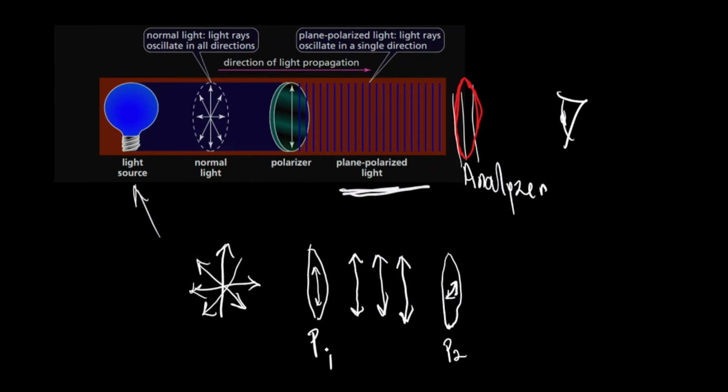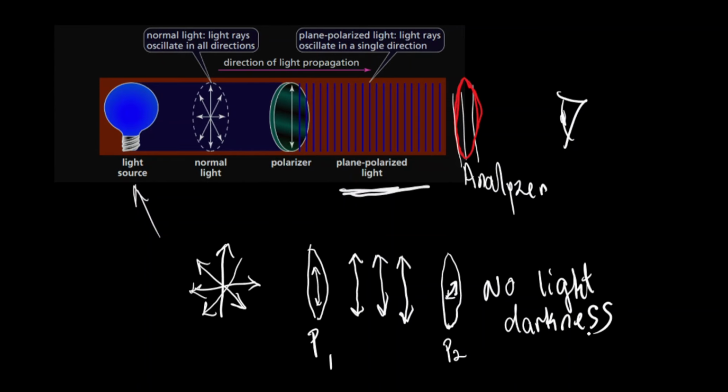Notice that P2 also acts as a filter, and it only allows rays of light that are oriented horizontally to pass through. Now take a look at this plane polarized light. There is no horizontally oriented ray of light. It means that no light would be allowed to pass through P2. Since there's no light, we would have darkness.